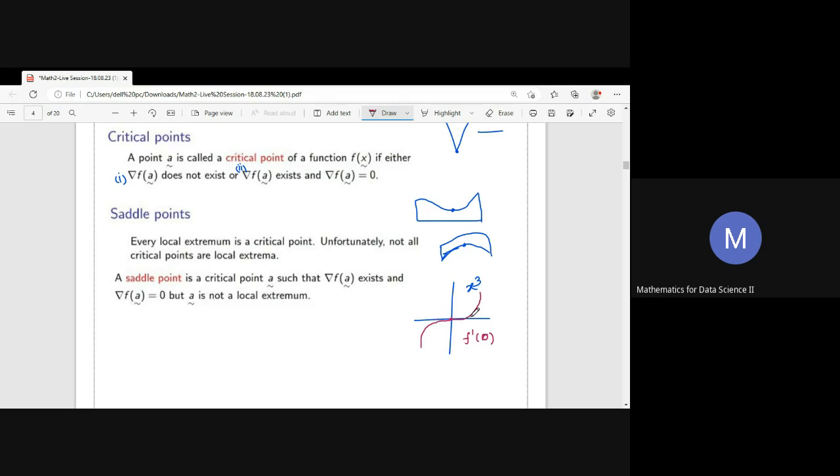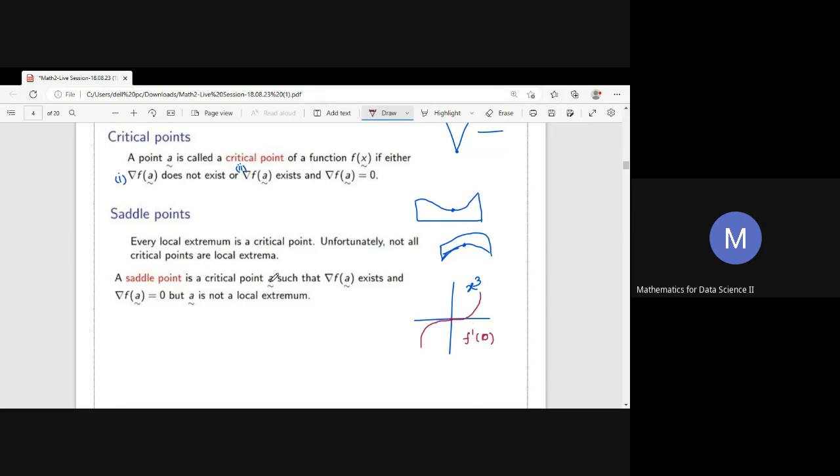So you have a tangent along the x-axis, and it is a critical point. But it is not a local minimum or local maximum, because on the right side all the points are greater and on the left side all the points are lesser. So you cannot take any interval where all other points are greater or lesser. So this is a saddle point in the 2D case.